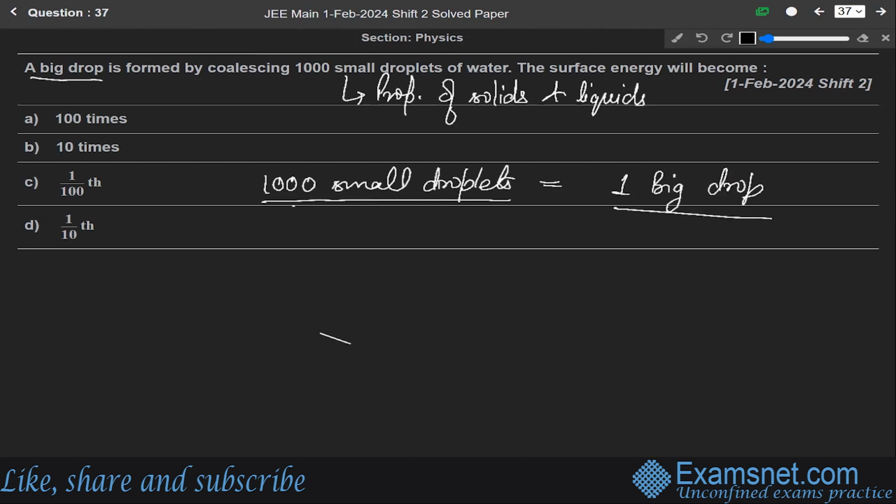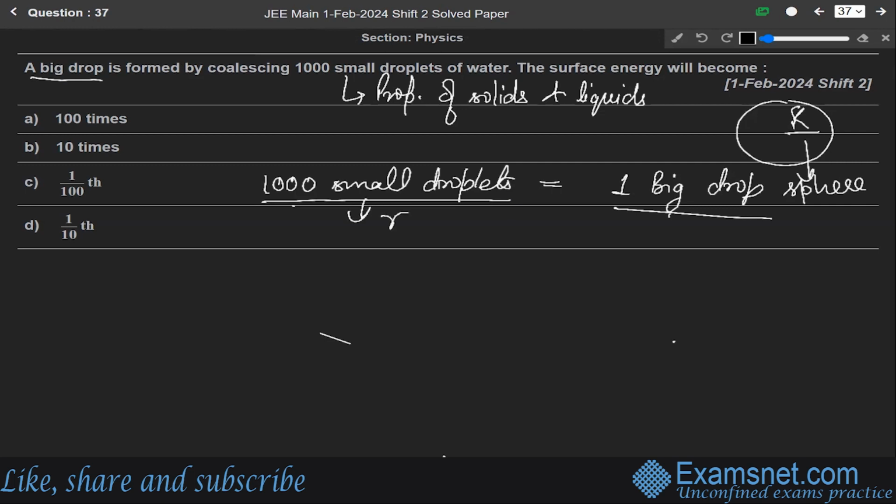The drop is always in the form of a sphere. Let us say the big drop has a radius of capital R and a small droplet has a radius of small r.